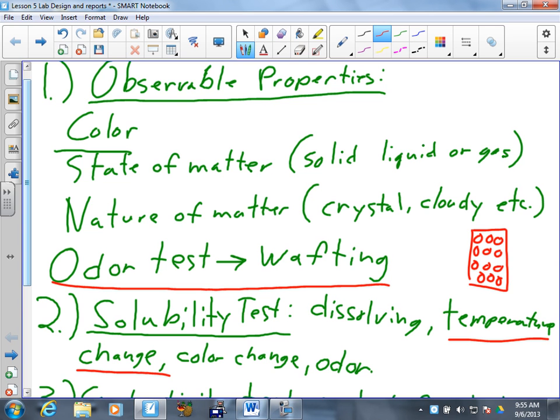I mean, if you just go, oh, good, solubility test is done, now I'll take the temperature, you've missed it. Remember, we're dealing with like a tiny amount of water here. If we don't detect that temperature change immediately, it'll dissipate and be gone in moments. All right? Well, but the temperature is going to be the room temperature before you put the water in, right?